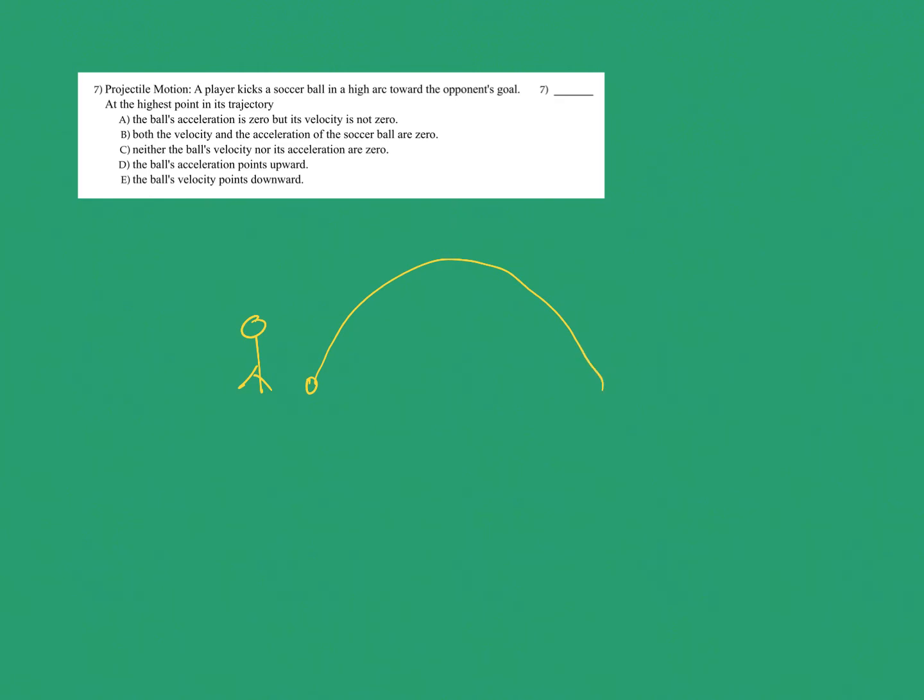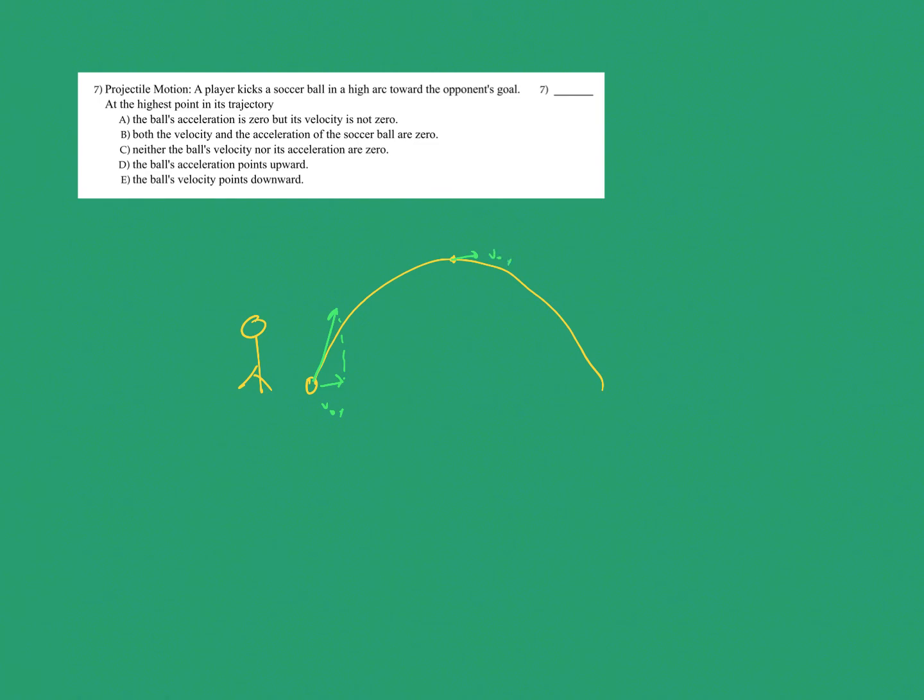This is the trajectory of the ball, and at its highest point, the ball was launched with this velocity v. As we have said, the x component of the velocity v0x will be maintained.